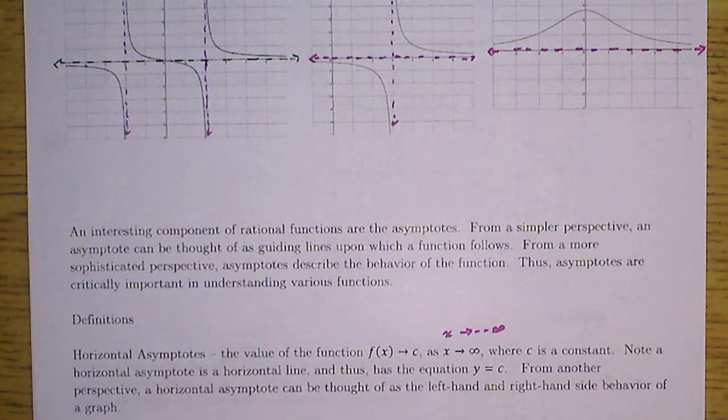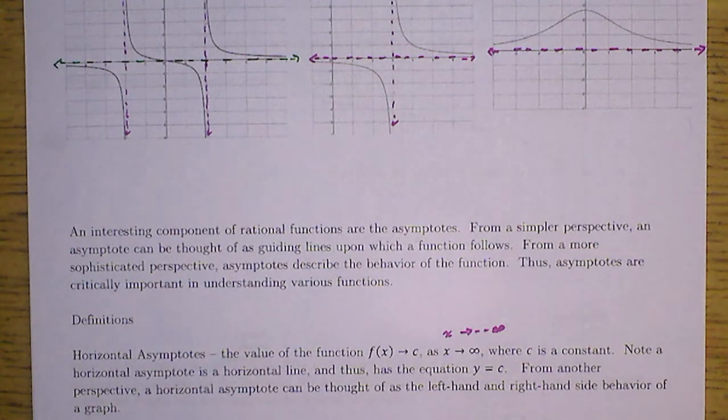The definition of a horizontal asymptote: the value of the function f of x approaches c as x approaches infinity, where c is a constant. Note the horizontal asymptote is a horizontal line and thus has the equation y is equal to c.